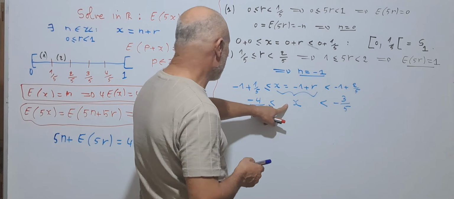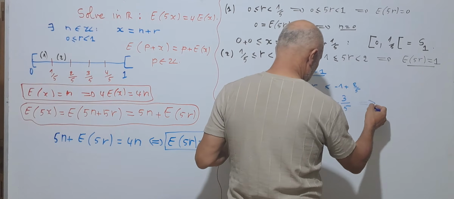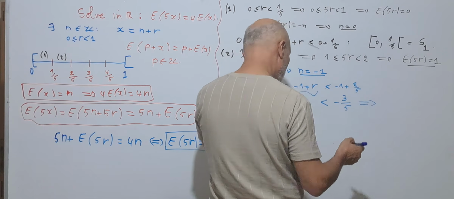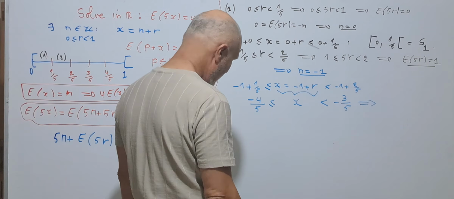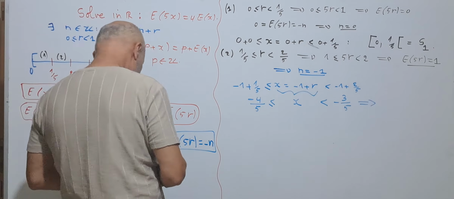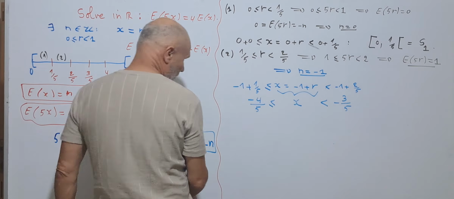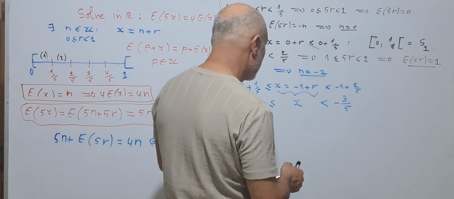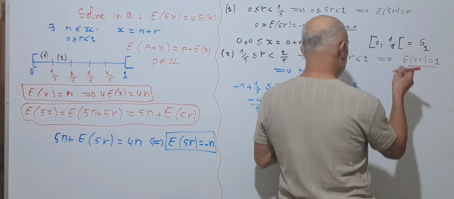I don't need to multiply x by 5, but we find x, and in this case this is the interval.